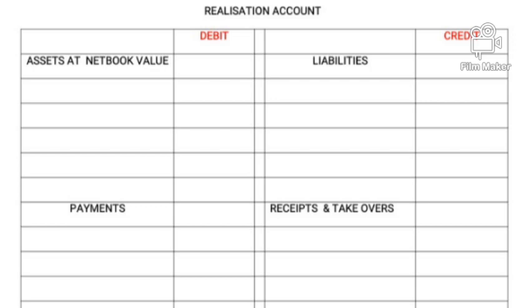Then on our credit side, we have liabilities on top. Then another heading representing receipts and takeovers, right? Takeovers represent the assets taken over by partners. The assets not sold, but taken over by partners, we refer to them as takeovers.